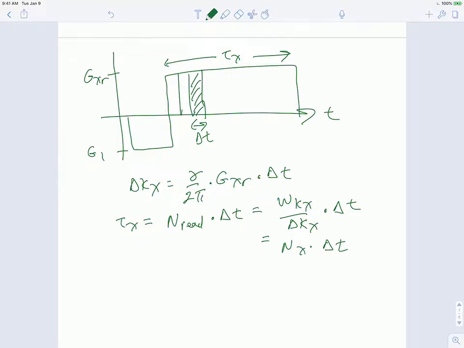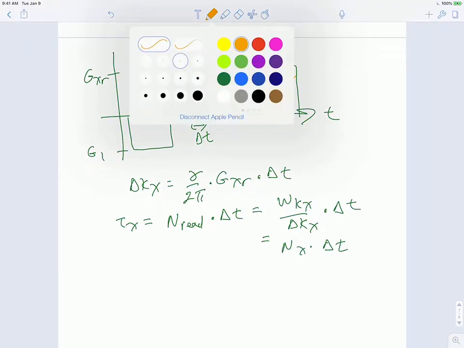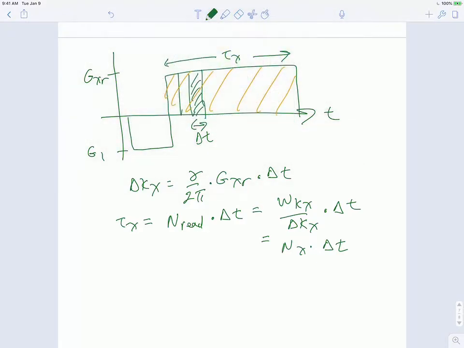The other way you could come up with it is saying this total gradient area here, that total gradient area is equal to gamma over 2 pi times Gxr times tau sub x. Okay? And that has to be equal to 1 over delta x, because it's equal to wkx.